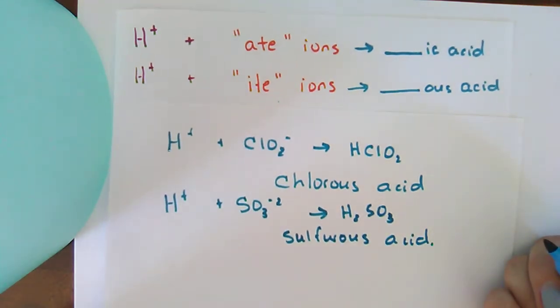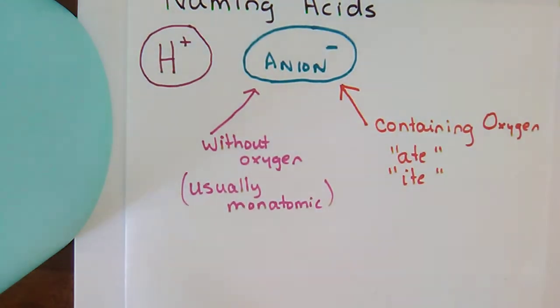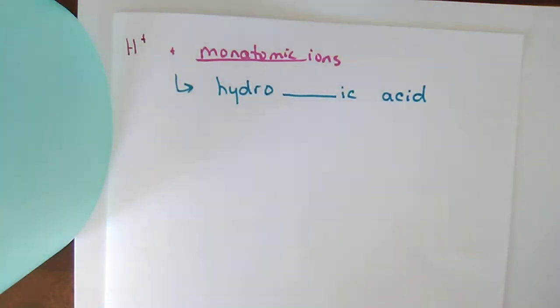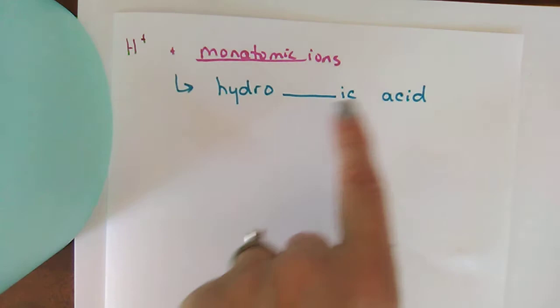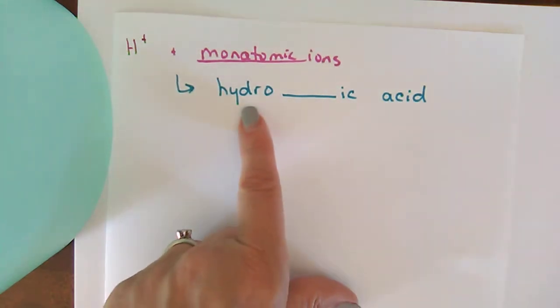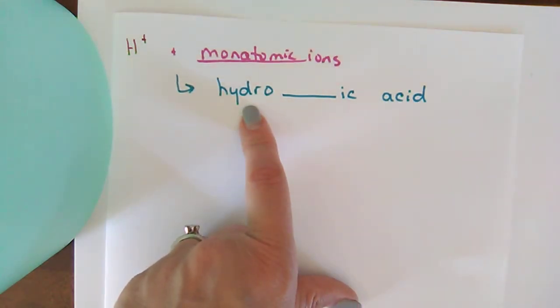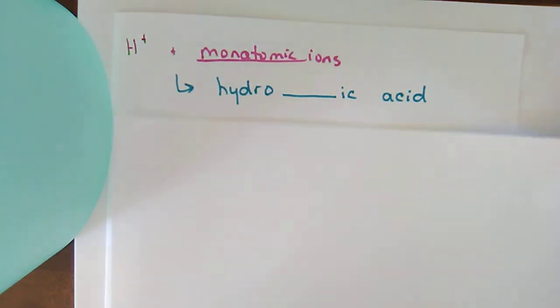What do we do, however, what naming rule would we follow when hydrogen wants to join with a monatomic ion? Well, when hydrogen joins with monatomic ions, it's very similar to when hydrogen joined with ate ions. It's going to end in ic acid, but now we're going to have a prefix, and the prefix is going to be hydro.